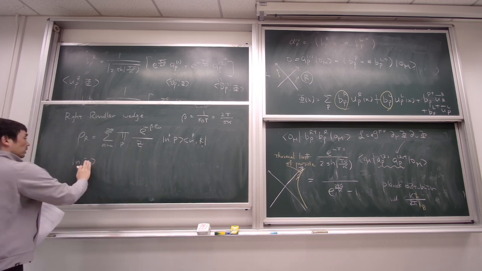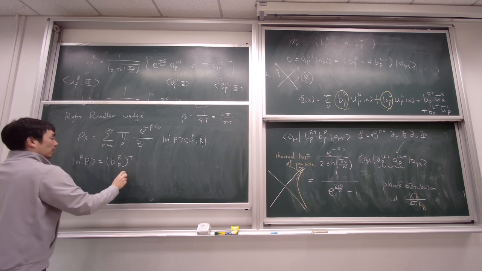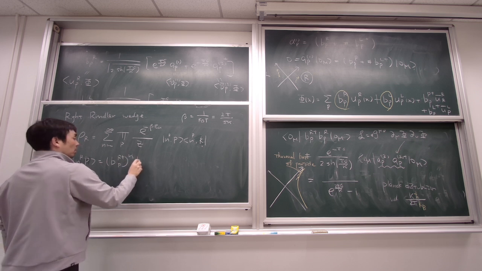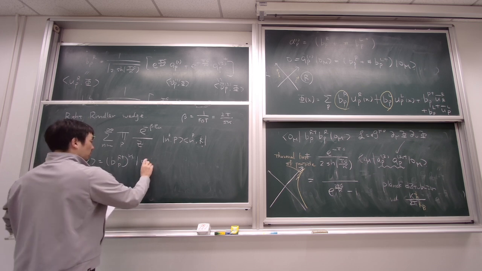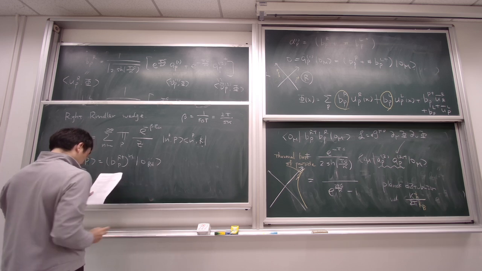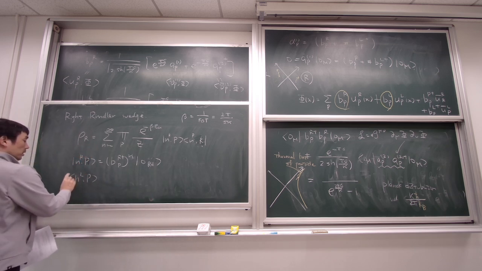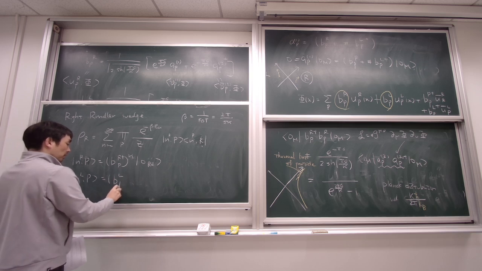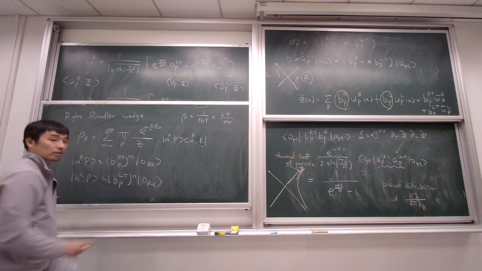So |n_R(p)> is given by (b_R(p) dagger)^n acting on 0, the Rindler vacuum. The same thing: |n_L(p)> is given by (b_L(p) dagger)^n acting on 0, the Rindler vacuum. Like this.